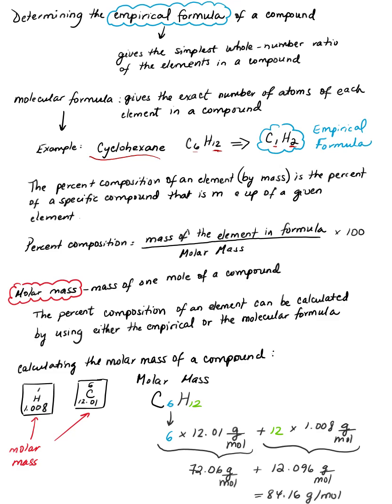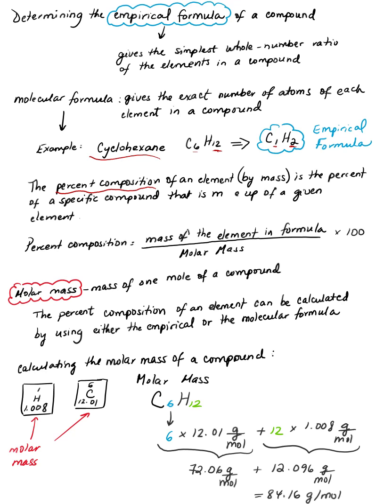So percent composition, which is something that you're going to be calculating as part of your report, is like telling you, if you have a specific amount of a compound, and let's say that compound is cyclohexane, out of that specific amount of cyclohexane, what percent is carbon? What percentage is hydrogen?